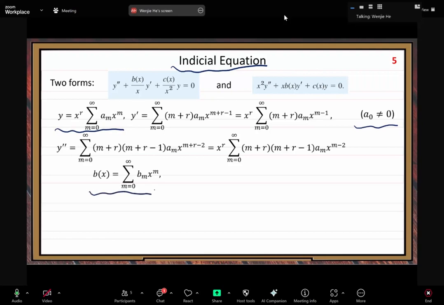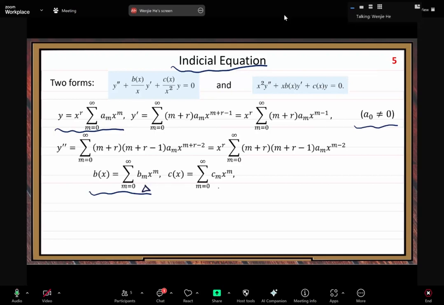For the B function, we should also use the power series representation. Remember we assume analytic, as in the theorem, so we can do that. Under that condition, we don't worry. The B function and C function have good power series representations.